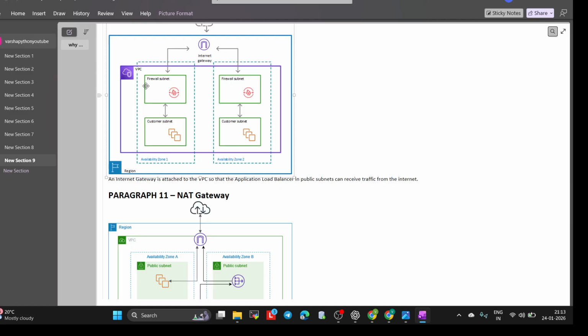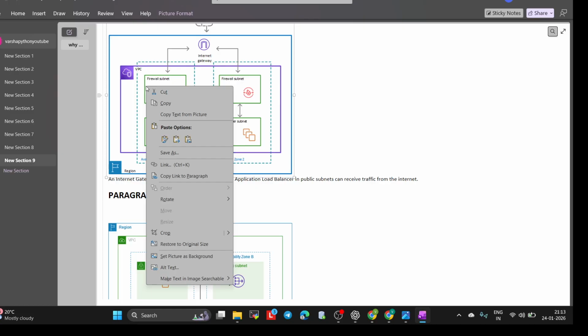So what I was saying, how can it pull from the Docker registry, that is ECR?